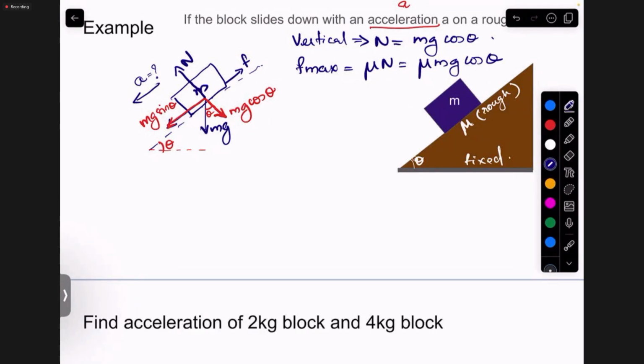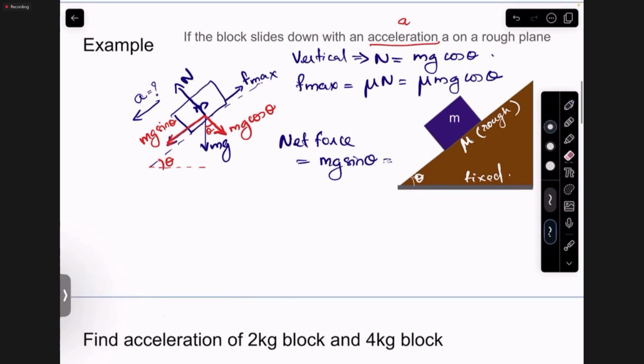So the net force, which is trying to pull this block downwards, is mg sin theta minus F, and this F I am taking as F max. F max is what? Mu mg cos theta.